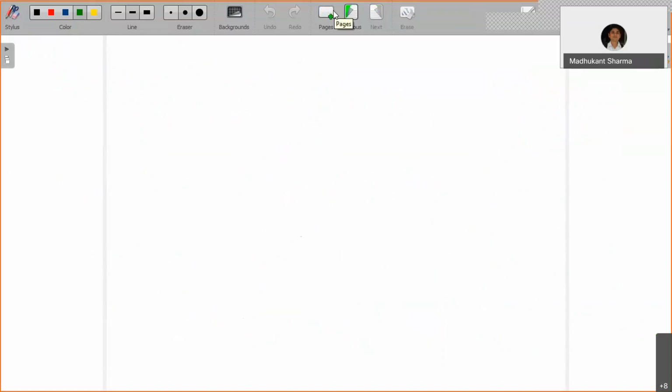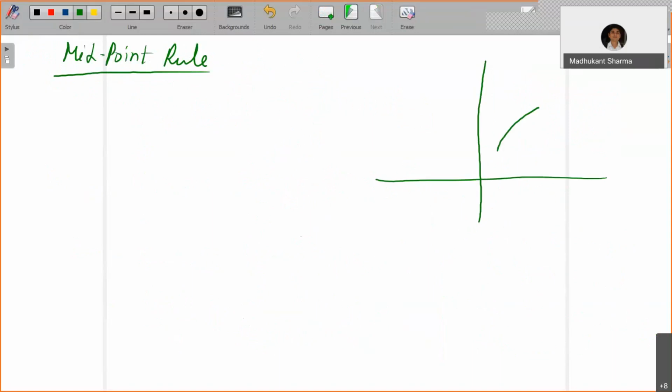Okay. Another basic rule, which I have also given in your practice sheet, is called the midpoint rule. What the midpoint rule is saying is, if you look here at the curve, this is a, this is b, this is your f of x. Now what you do is look at the midpoint, a plus b by 2.